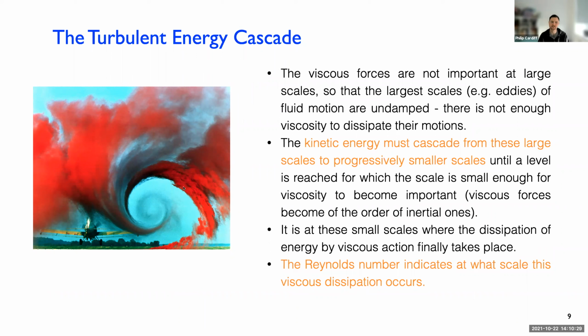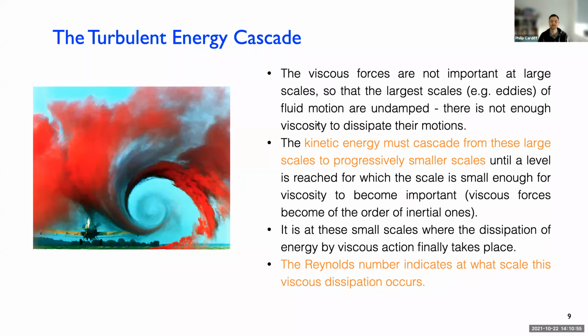Then these large eddies break up into smaller eddies. From the side of this, you'll get smaller eddies being broken off. The kinetic energy from these larger vortices is transferred into smaller vortices. And then these smaller vortices will also break up into even smaller vortices. So you get this cascade of vortices starting with big, going to smaller, to smaller, to smaller.